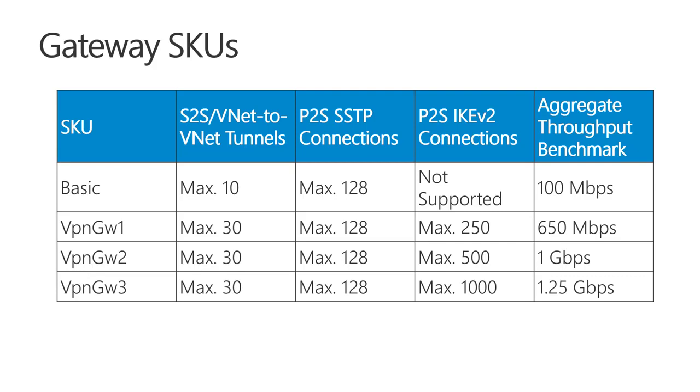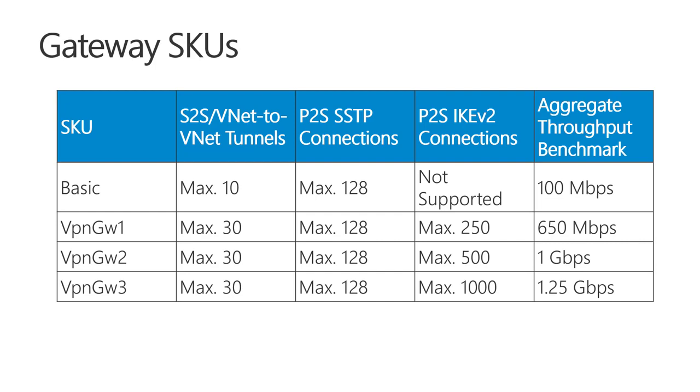Select the SKU that satisfies your requirements based on types of workloads, throughputs, features, and SLAs. Aggregate throughput benchmark is based on the measurement of multiple tunnels aggregated through a single gateway. The aggregate throughput benchmark for a VPN gateway is site-to-site and point-to-site combined.